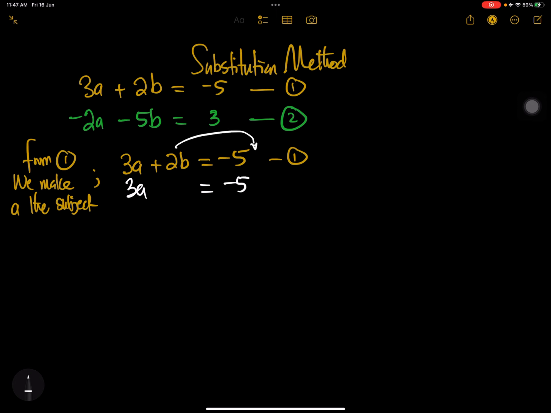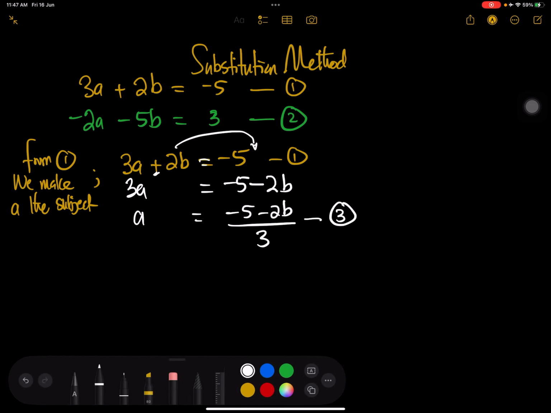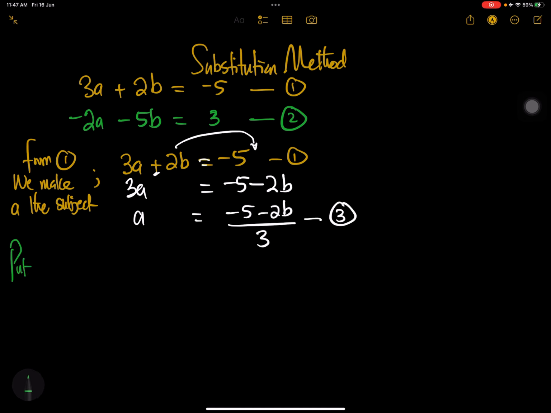This will come here as minus 2b. Why? Because it crossed the equal sign, so the sign needs to change. Now we can find a. A is going to be equal to negative 5 minus 2b, all divided by 3. We can call this equation 3. Now, because we've been able to make one of the variables the subject, we substitute what we have, equation 3, into equation 2.